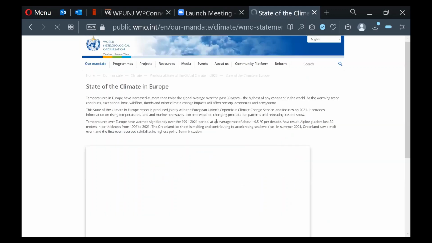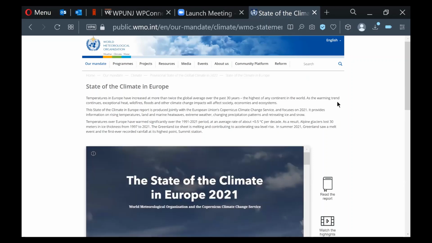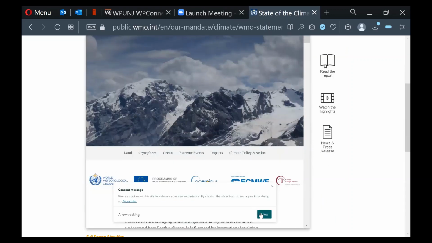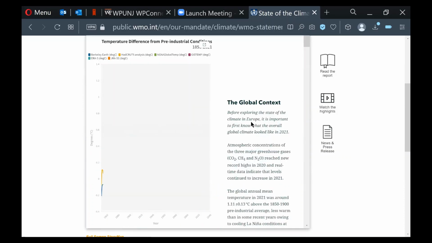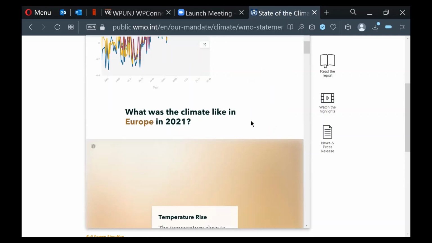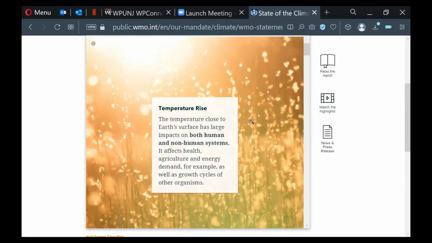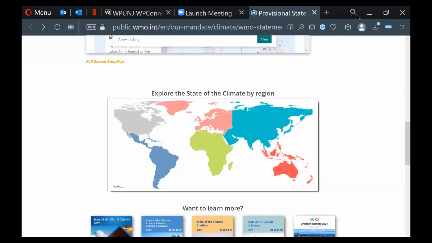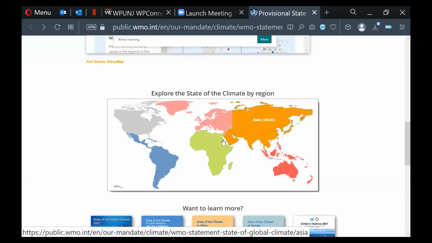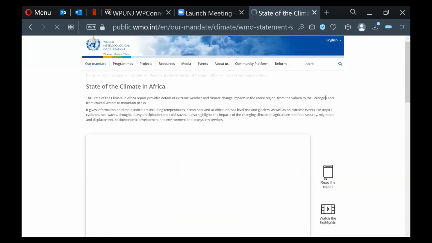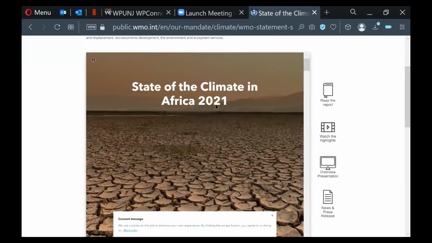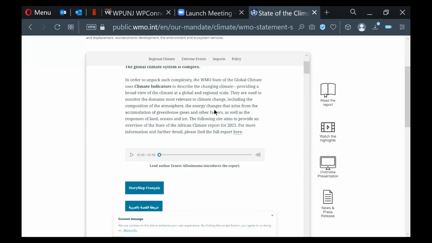Here's Europe. And then it opens up the state of the climate in Europe. And you could read all this information. Then we can click on Africa, the state of the climate in Africa in 2021.